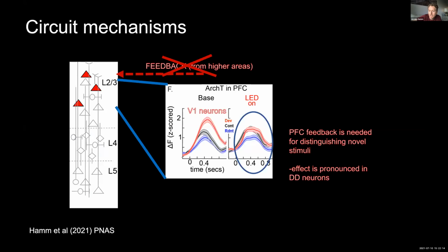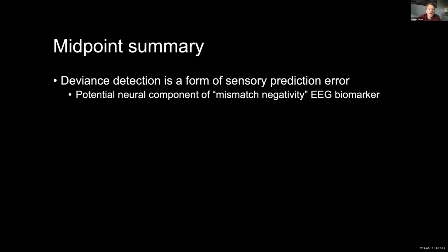And I haven't shown this, but I want to say that this effect was particularly prominent in our neurons which showed deviance detection. So to put all that together, deviance detection is potentially a form of sensory prediction error, and it could be a neural component of the mismatch negativity.